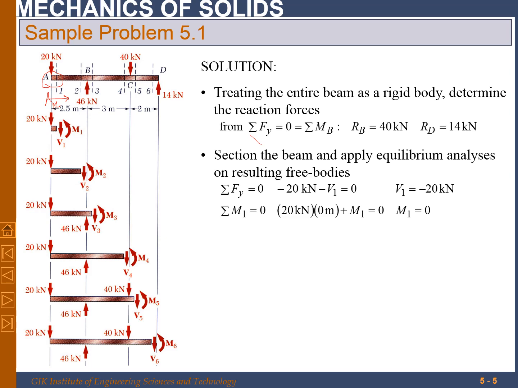Sorry, there's a typo in the sign. So this is basically 20 kilonewton plus V1 equal to 0. So V1 is minus 20 kilonewton, and the moment will be 20 kilonewton multiplied by 0, because we are taking a section just after A, so the distance is almost 0. So M1 is equal to 0, which means at A the value of moment is equal to 0.